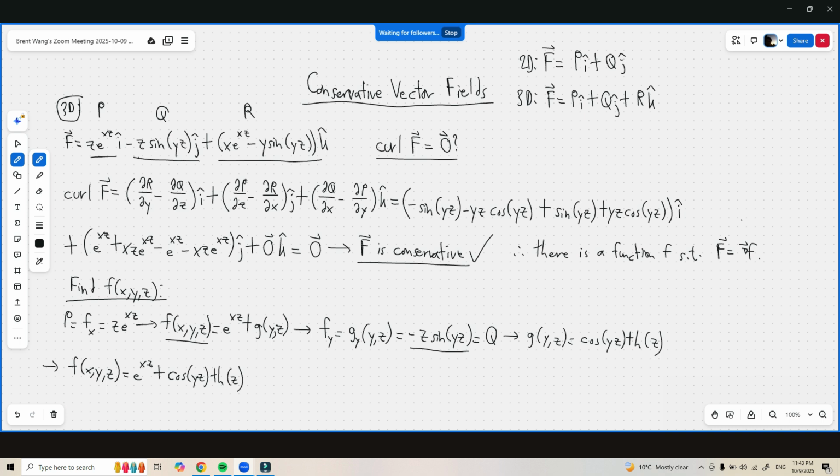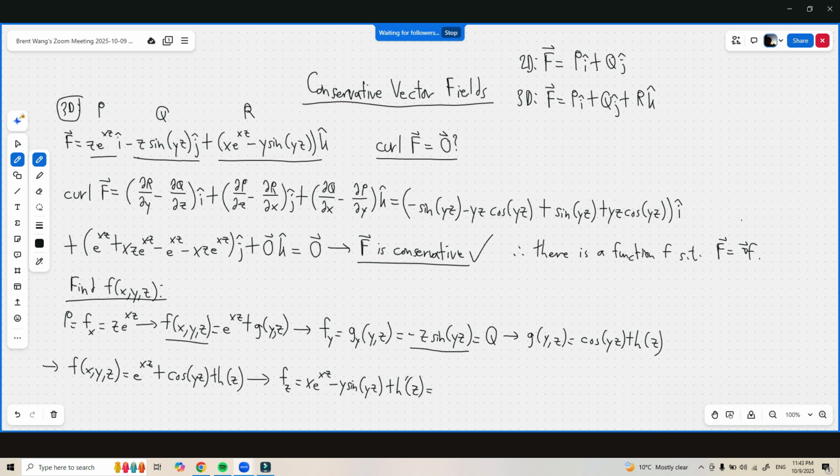So now let's differentiate this with respect to z. So f sub z is equal to x e to the xz minus y sine yz plus h prime of z.